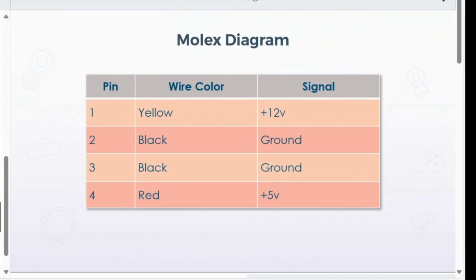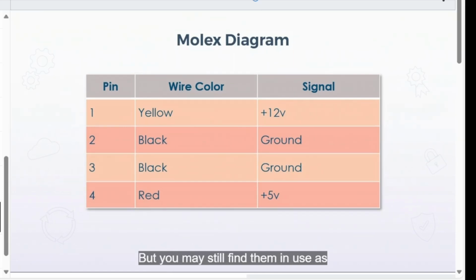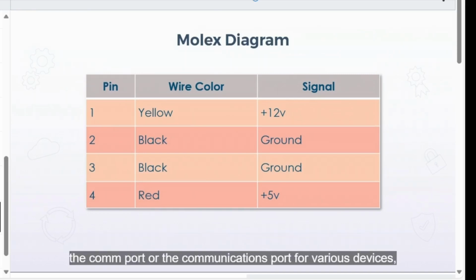Both 2 and 3, the black wires, are for grounding, and then pin 4 is the red wire, which carries a 5-volt signal. So it depended on the device that you were plugging in, essentially, with respect to which power signal was used. And in some cases, both of them might have been used if the device required more power.